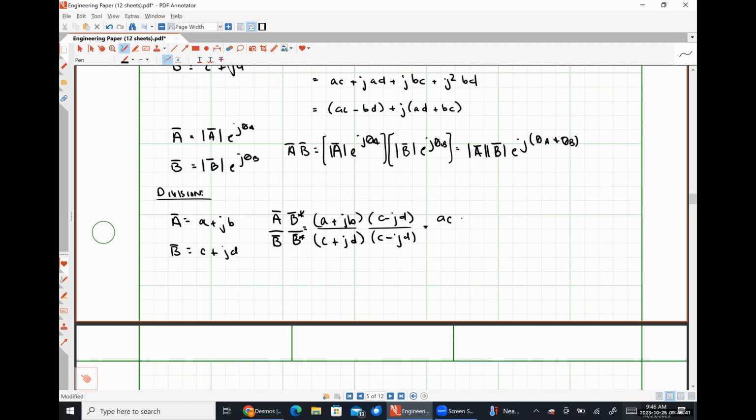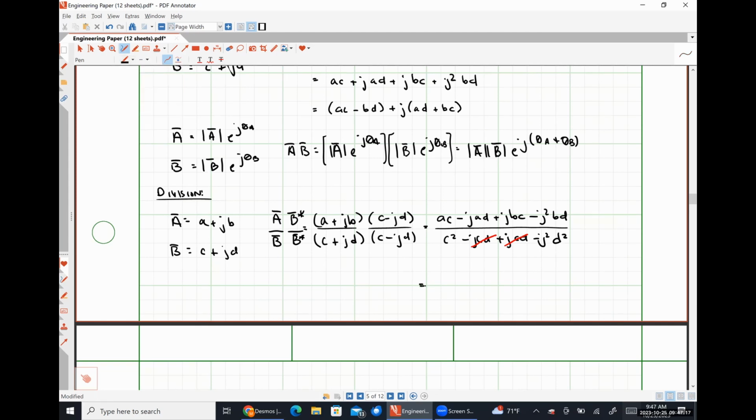And what we will find now is that we have AC minus jAD plus jBC minus j squared BD, divided by C squared minus jCD plus jCD minus j squared D squared. It should be very obvious to see that these cancel each other out. Negative j squared is simply positive 1.